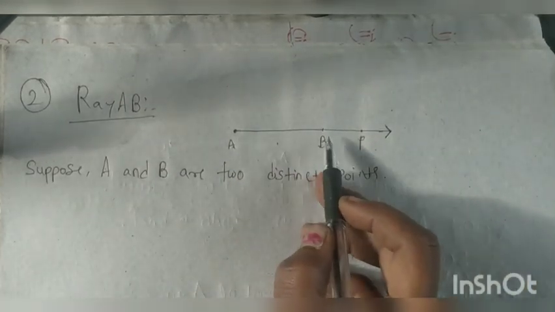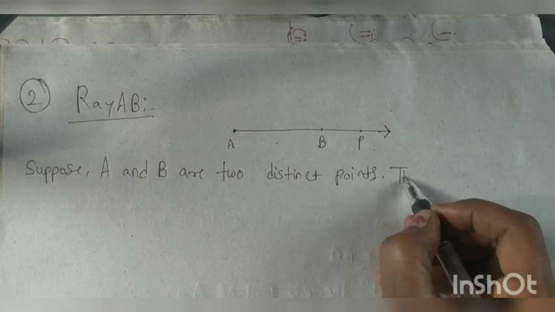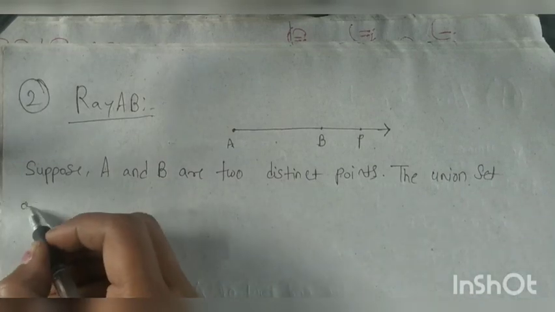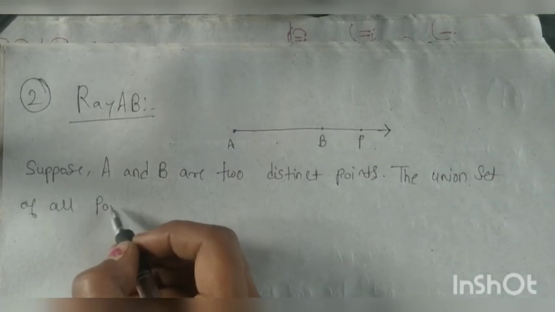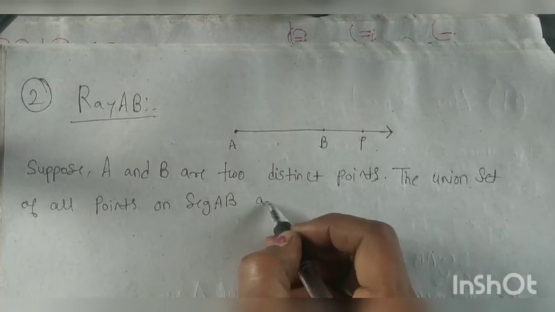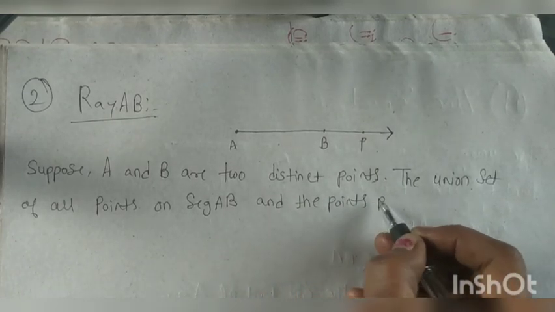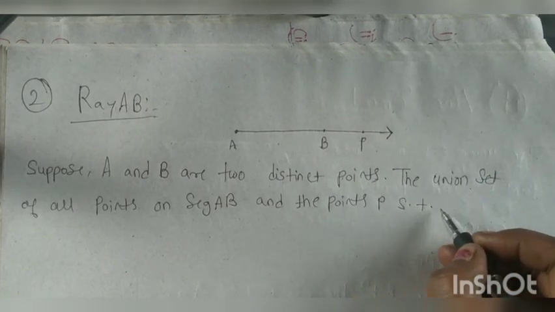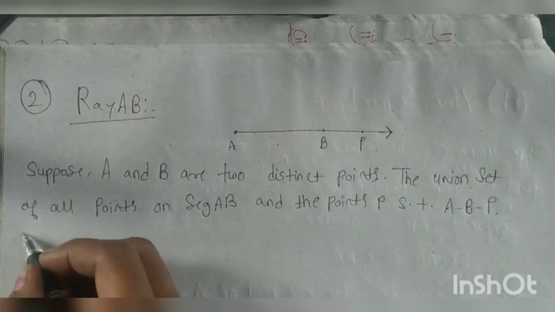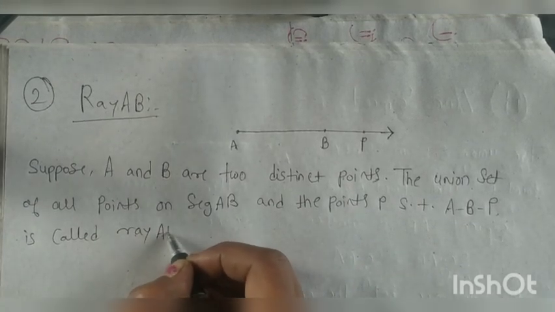The union set of all points on segment AB and the points P such that A-B-P is called ray AB.